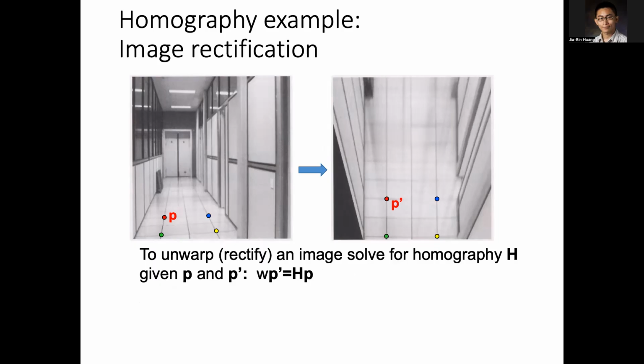Here's the example. Any 3D planar surface, a plane in 3D. If you have 4 points, you can map them onto the camera coordinate system. You can see this as if you are looking from the top. So you can rectify this.